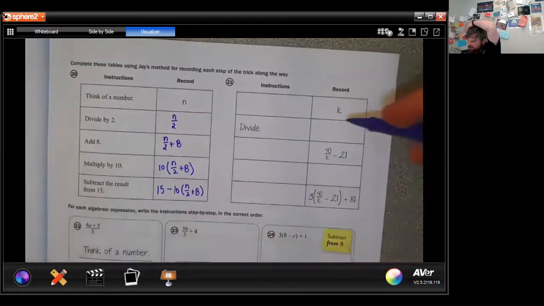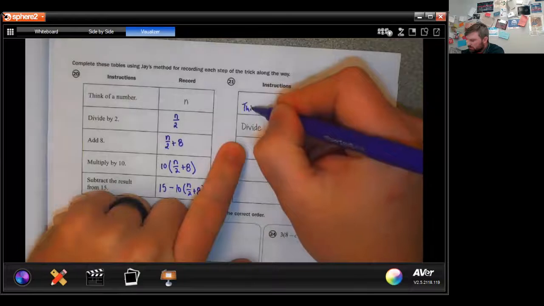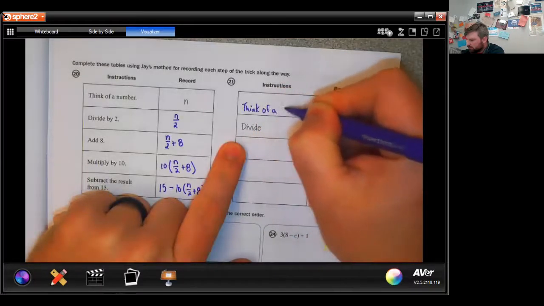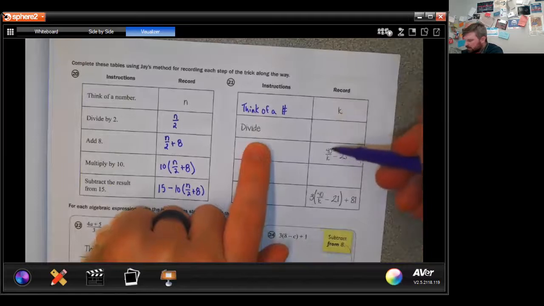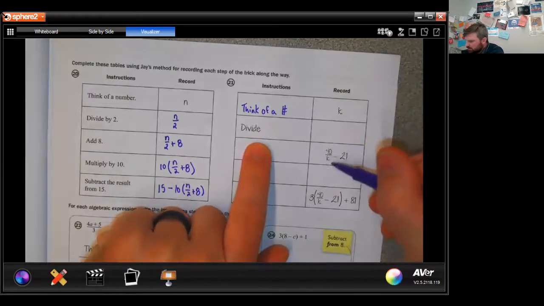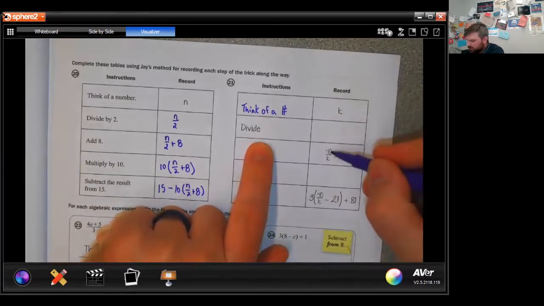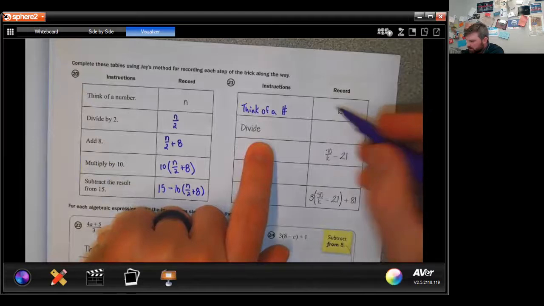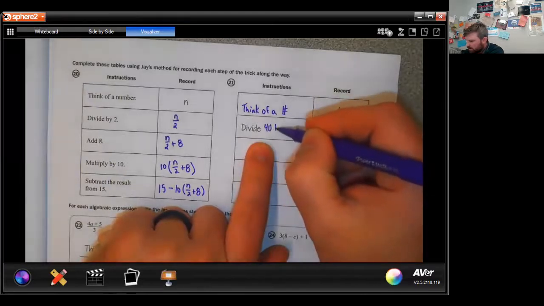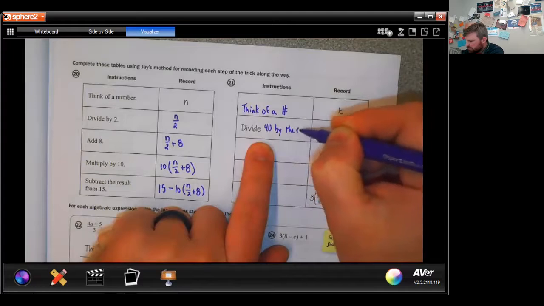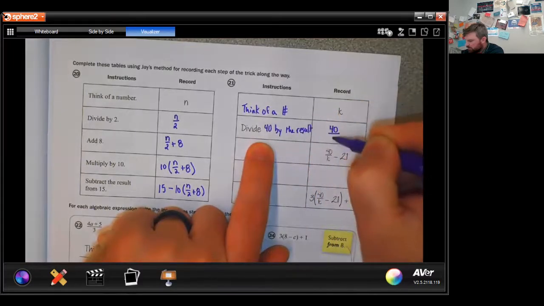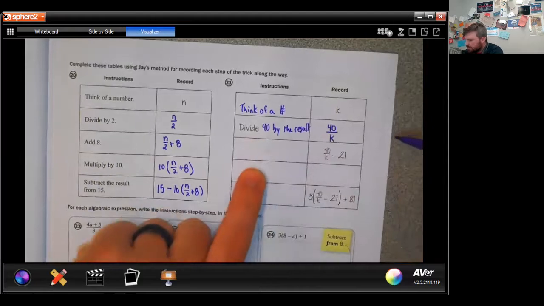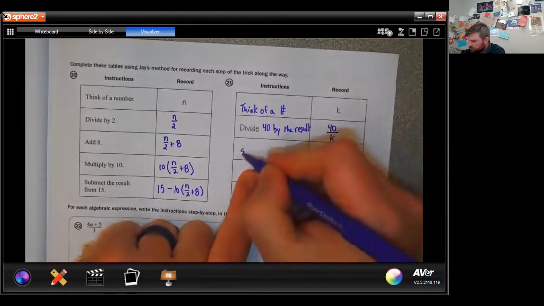Okay, on this one, we got to add the instructions in as well. So we have think of a number. Okay, divide. Okay, but we got to look down here. So it looks like they divided 40 by this number. So divide 40 by the result, which was K. Then we're going to subtract 21.